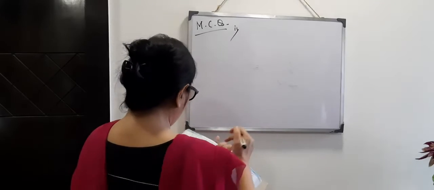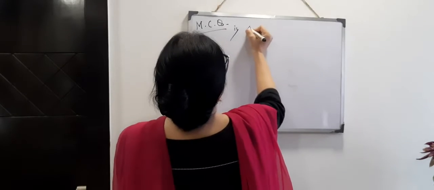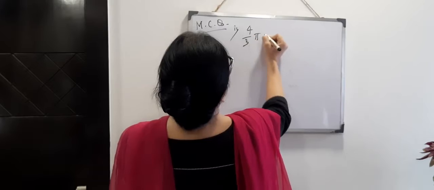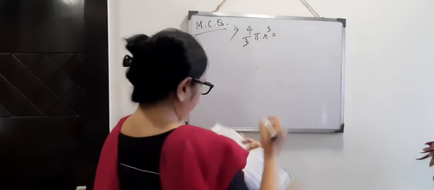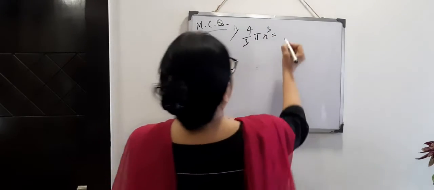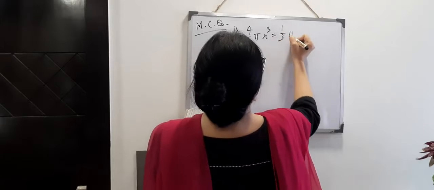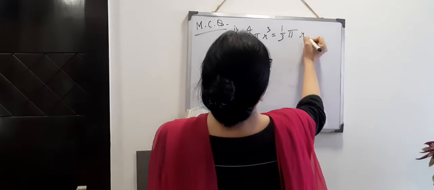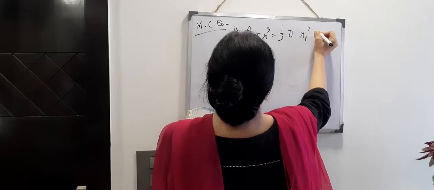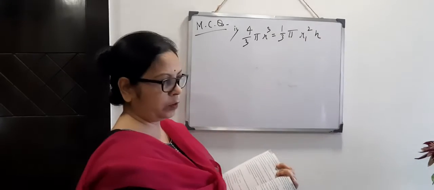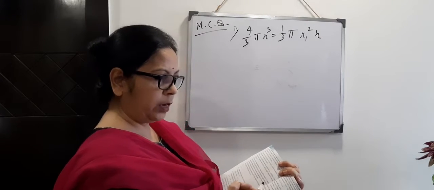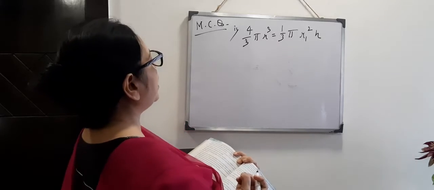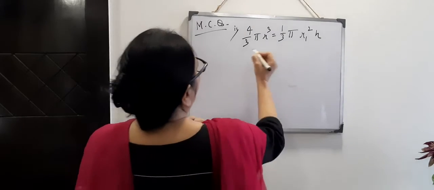So solid sphere of R unit radius, its volume 4 by 3 pi r cube, and there is right circular cone, 1 by 3 pi r1 square into h. Here you have to calculate the height of the cone.